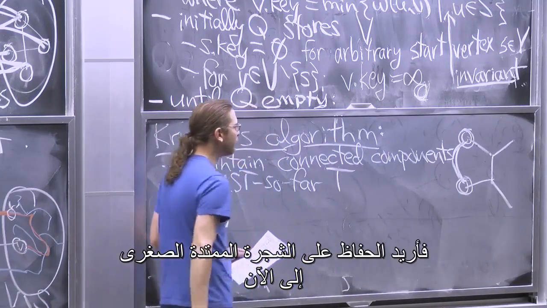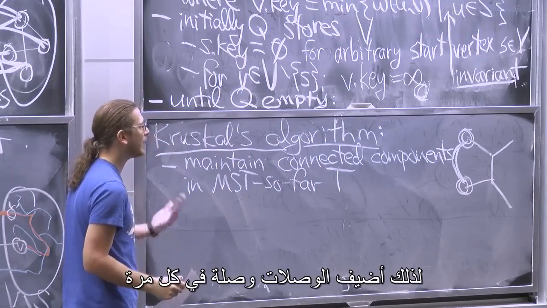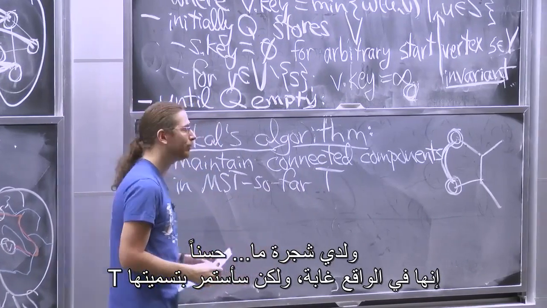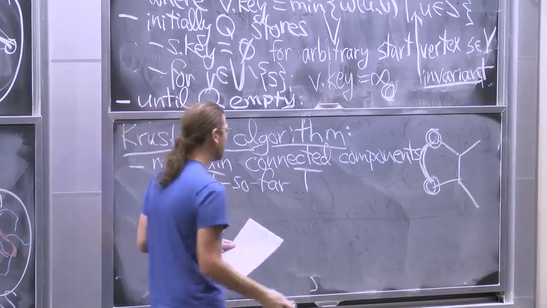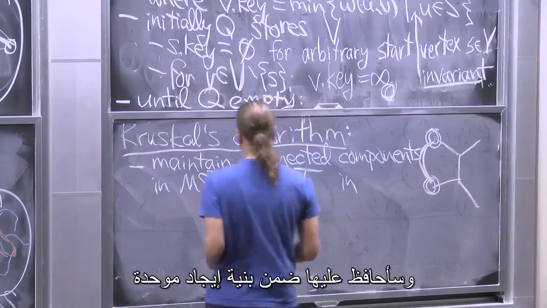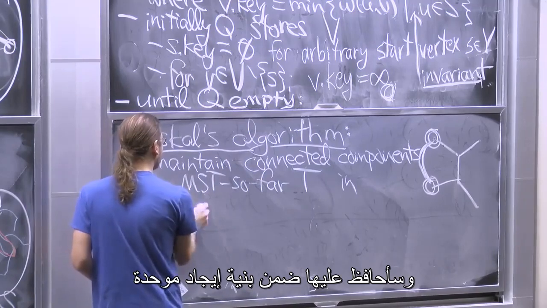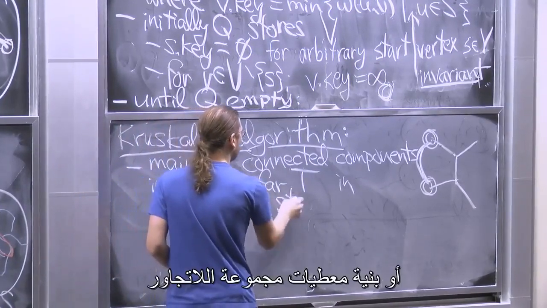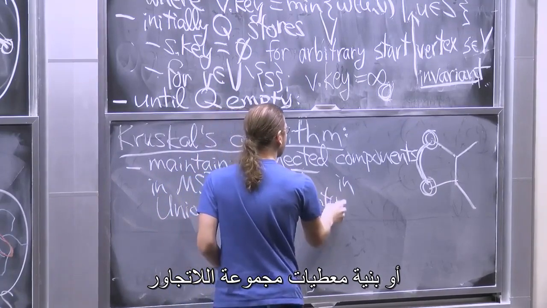So I want to maintain my MST so far. I'm adding edges one at a time. And I have some tree. Well, it's actually a forest, but I'm still going to call it T. And I'm going to maintain it in a union find structure, the disjoint set data structure.